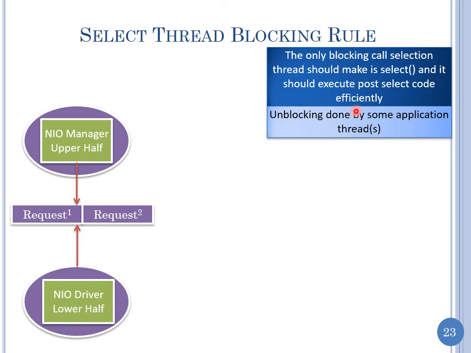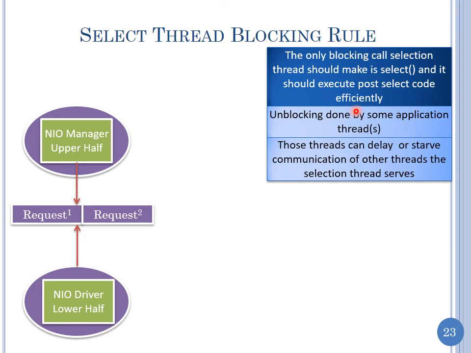Okay. So the unblocking is done by some application threads, and they can take forever to do the unblocking. And like Leo mentioned, we might even get into a deadlock where one thread is blocked. The thread that is blocked on a full buffer is the one that would unblock it, and now we have a deadlock because the previous request that the same thread had enqueued resulted in blocking of the selector thread, and the unblocking of that would be done by the same application thread.